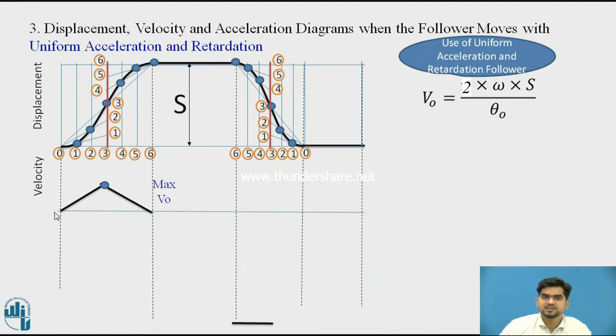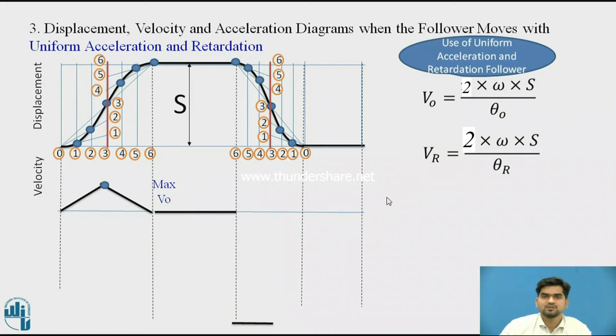This line indicates the velocity diagram when the follower is at the initial point, the velocity is 0, and at the middle position of the follower, or the middle of the stroke, the velocity is maximum. At the dwell period the velocity is 0. So we are getting a diagram like this.